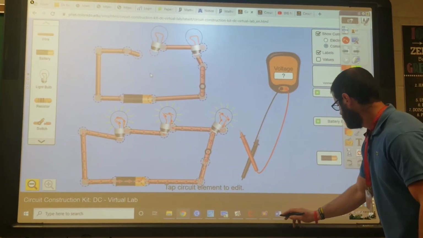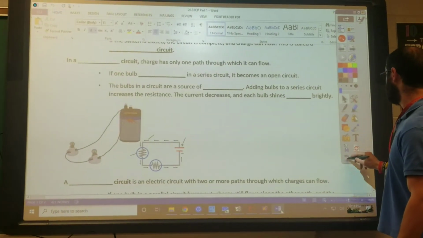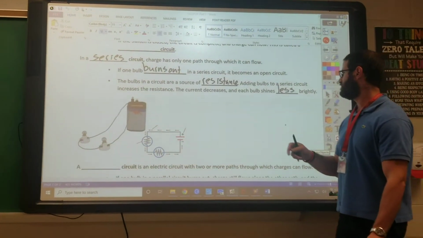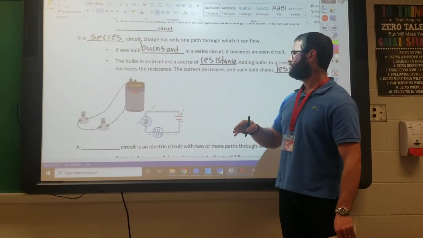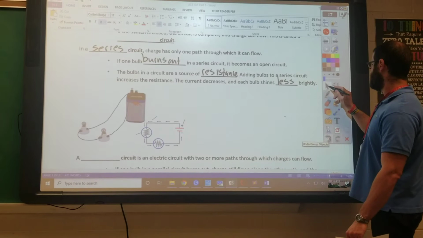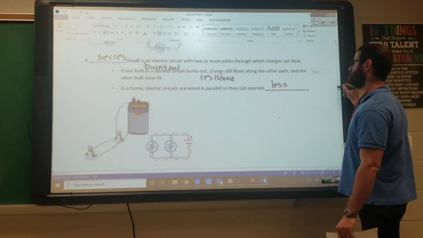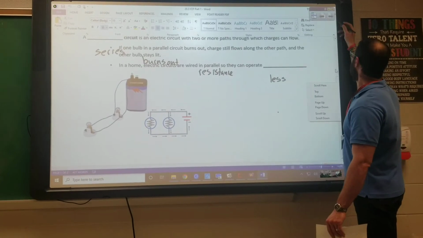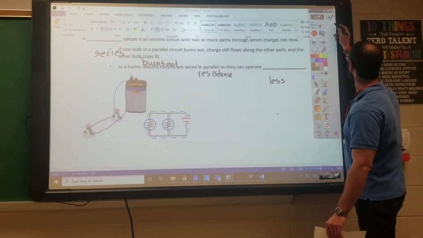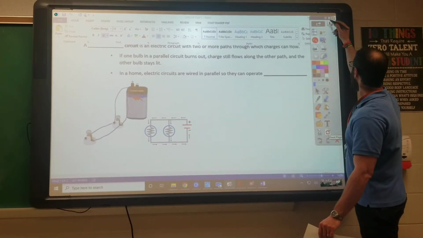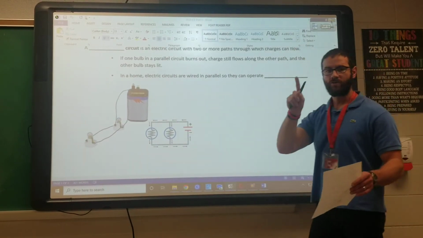Now, let's go ahead and transition to the next type of circuit. Okay, so a parallel circuit. A parallel circuit is a circuit where charge or current has more than one path to flow.